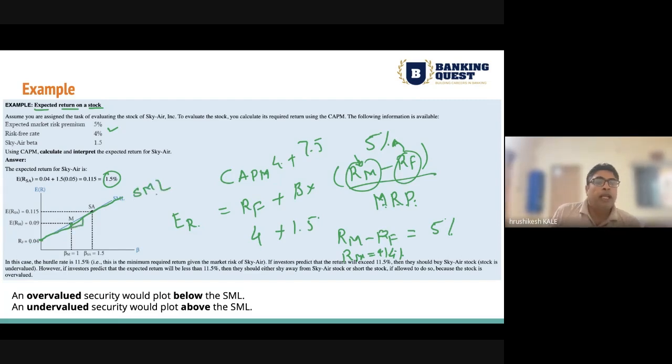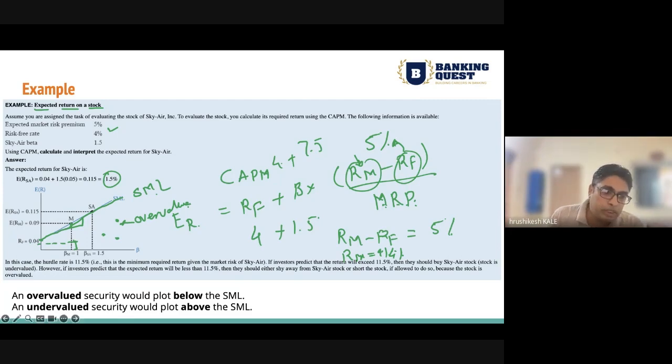Now, any security which plots below the security market line is overvalued, because for this much market risk, you are getting only this much return.